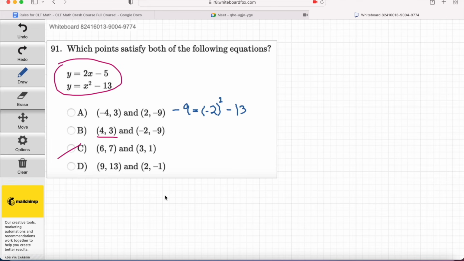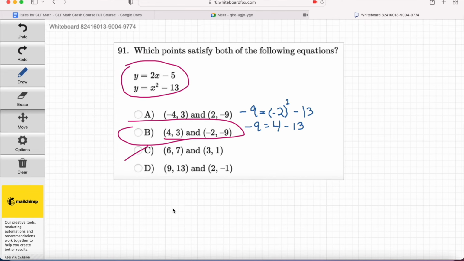Well, that's looking good. True statement? Yes, absolutely. There we go. We can confirm it, but technically we could have stopped at 4, 3.